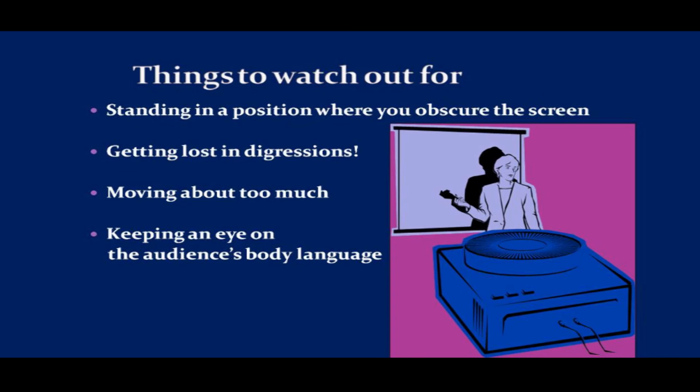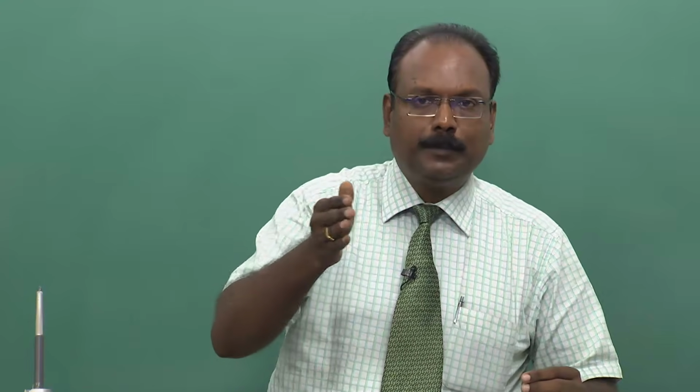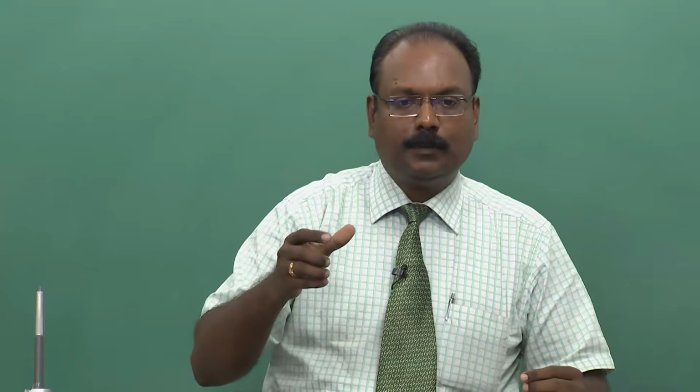And when you do that, there are certain things you need to watch out for. Standing in a position where you obscure the screen, especially standing before the projector and the screen, and your shadow falls and the audience cannot see, and then they tell you, could you please move, could you please move. That again will be a distraction.